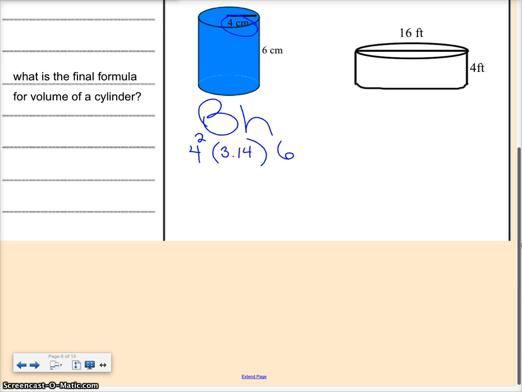Then you punch that into your calculating device, and you get 16 times 3.14 times 6, 301.44 cubic centimeters is the volume of that cylinder.